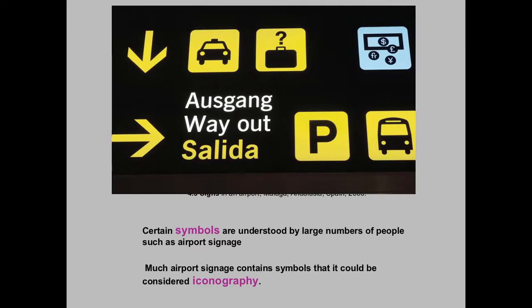Okay, oh, we did show it. Okay, great. Symbols, these are understood by large numbers of people. Now, these were designed by a graphic design company, okay, in the 1970s. That's why they have this look, really. It's interesting if you think about it. But, like, for instance, this dollar sign, most people know that that refers to money, but dollars only exist in the US, Australia, and a handful of other places, right?